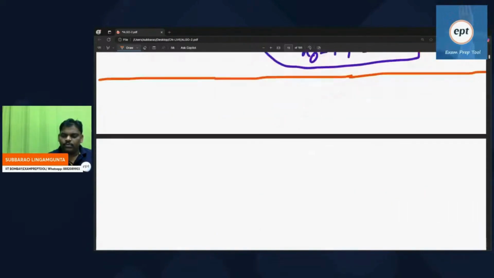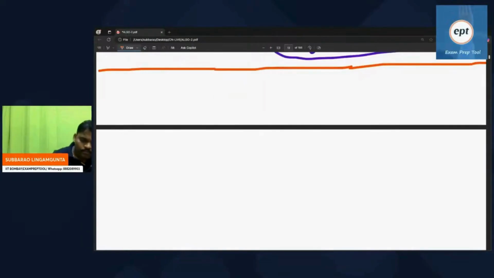So example 1 is over. Let's go for example 2. Now let's do the reverse. f(n) is n square plus n plus 1 and g(n) is n square.